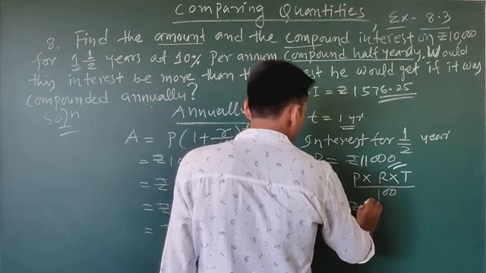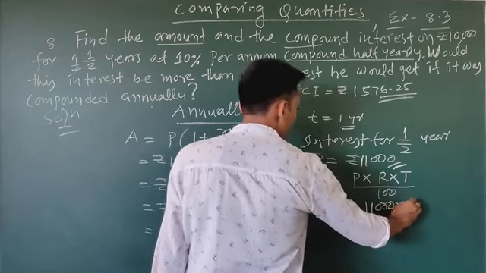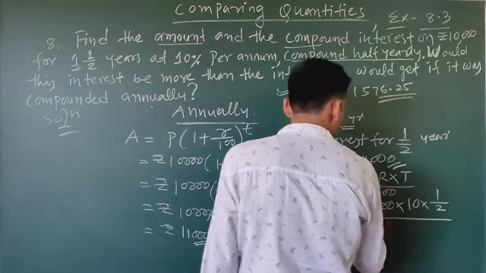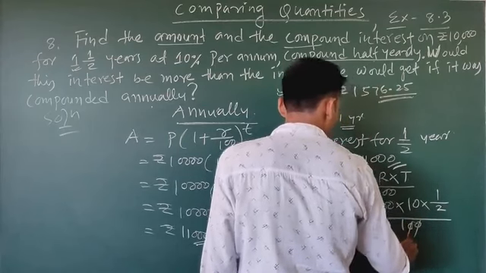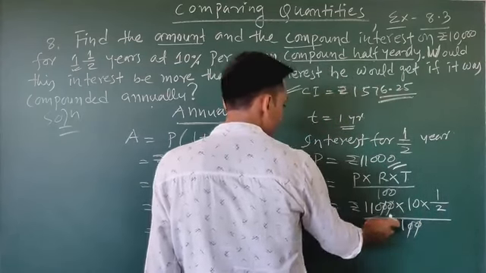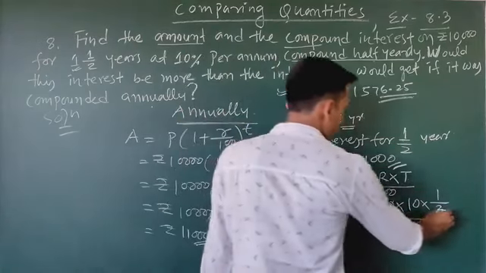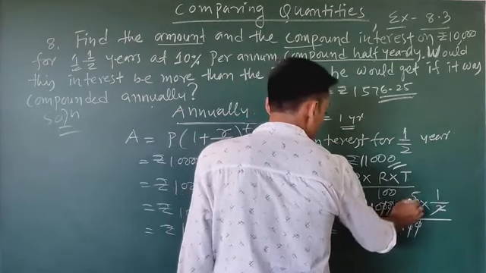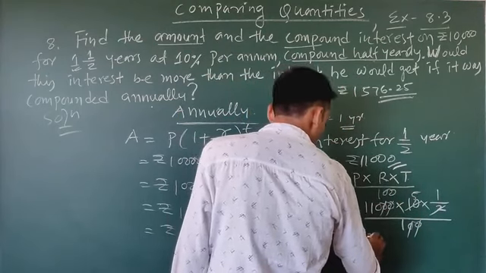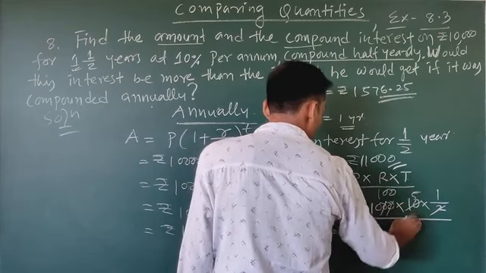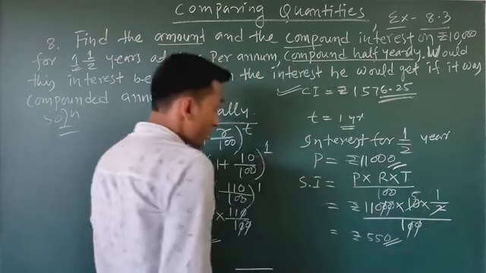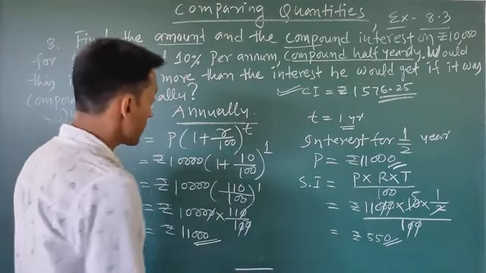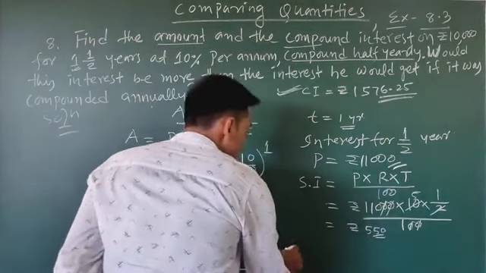Principal 11,000, rate 10, time half year, by 100. Cancelling the zeros and 2 fives, we get 11 into 5, which is 55, and 0 into 5 is 0. So interest for half year is 550.